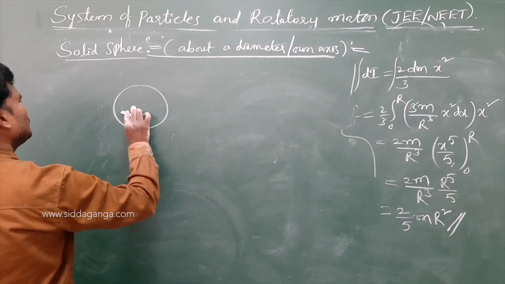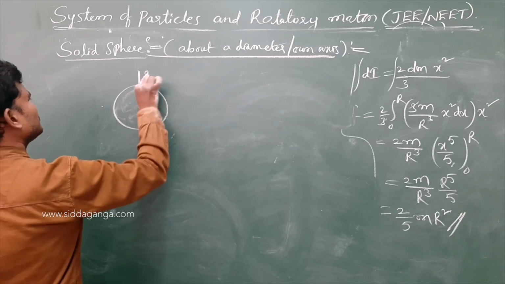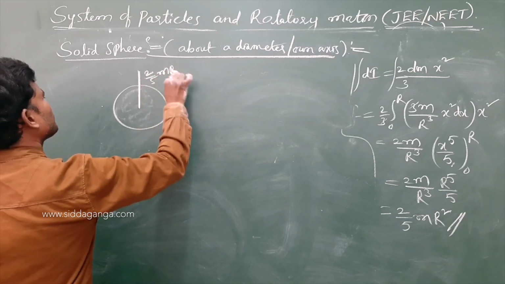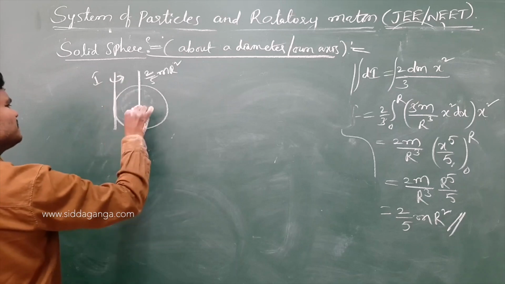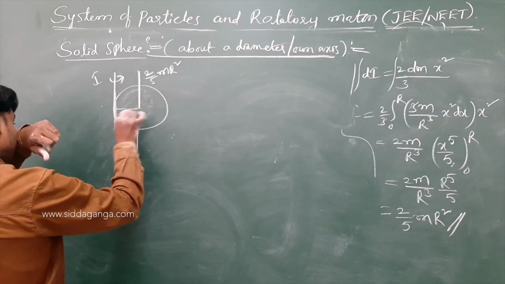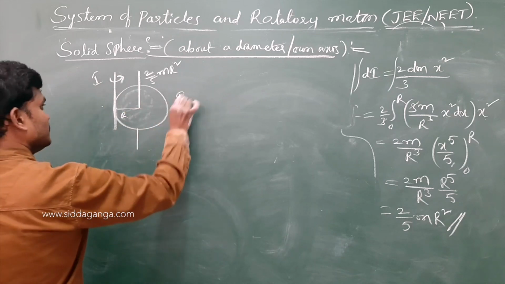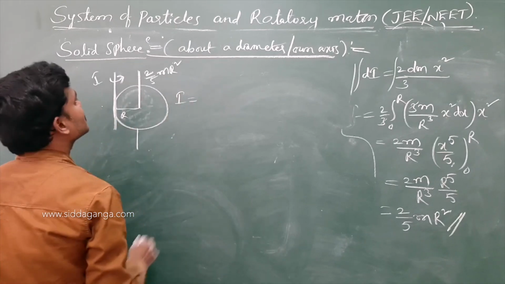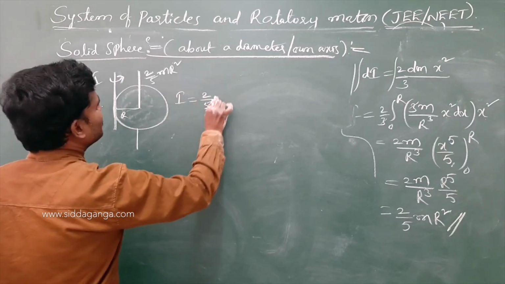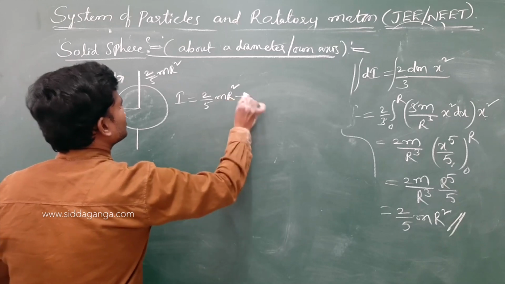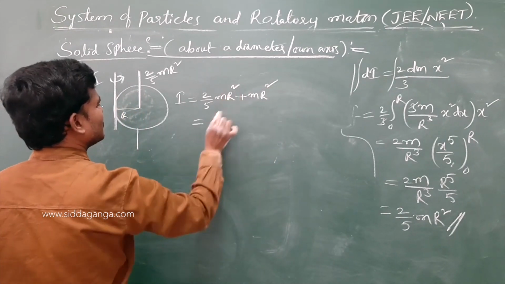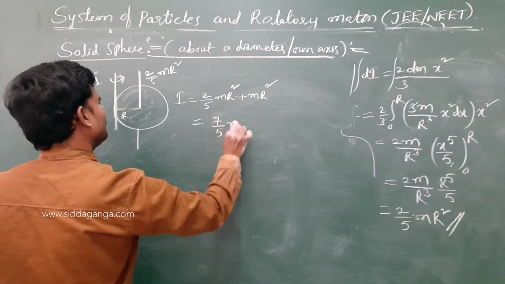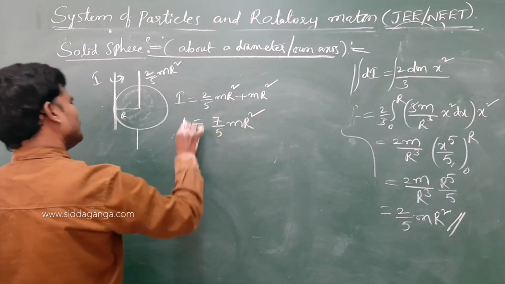See, this is the solid sphere, about this it is 2 by 5 m r square, and about this means about a tangent. About a tangent is I equal to ICM plus m r square. ICM is 2 by 5 m r square, plus m r square, which is 7 by 5 m r square.